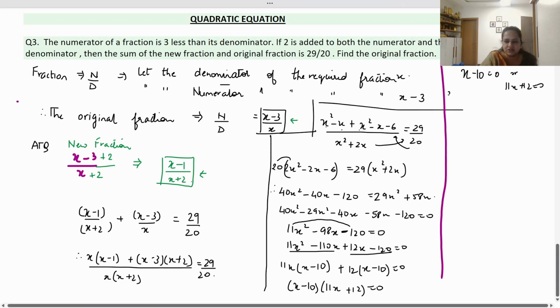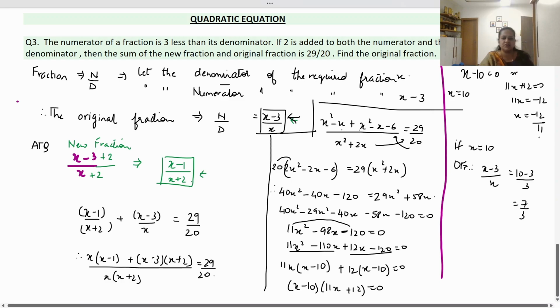If x minus 10 is 0, we'll get x as 10. And if 11x plus 12 is 0, we'll get 11x is minus 12, x is minus 12 by 11. Right? First, if x is 10, then the original fraction, which is x minus 3 upon x, would be 10 minus 3 upon 10, 7 by 10.